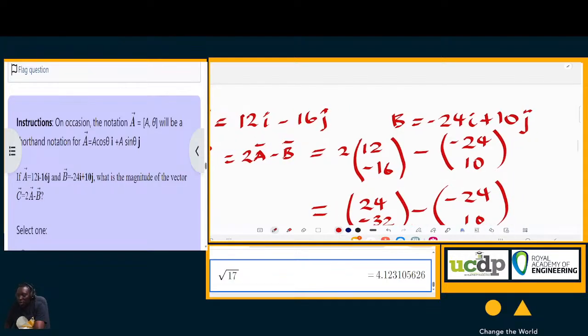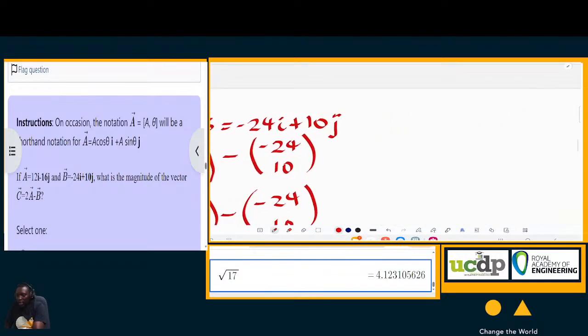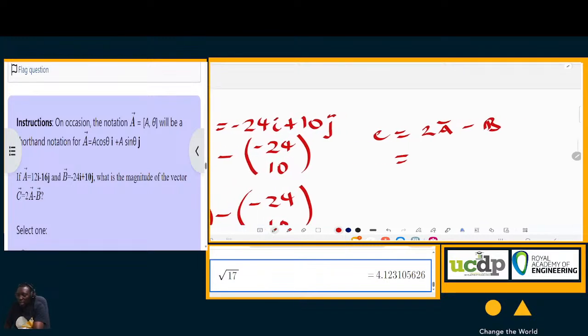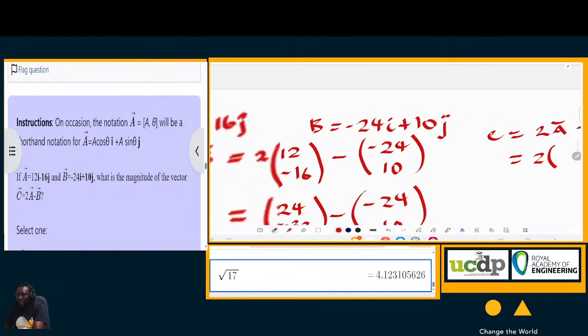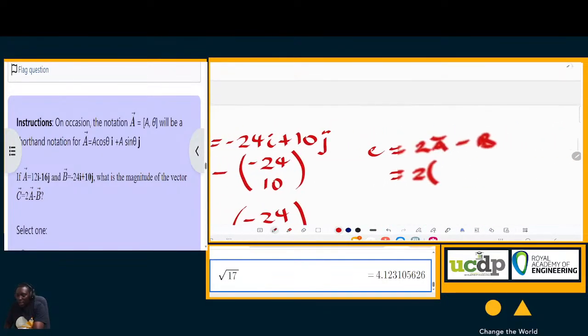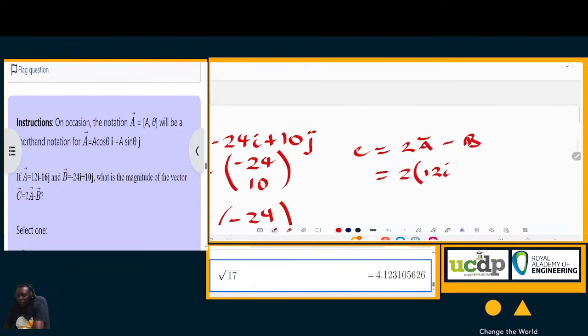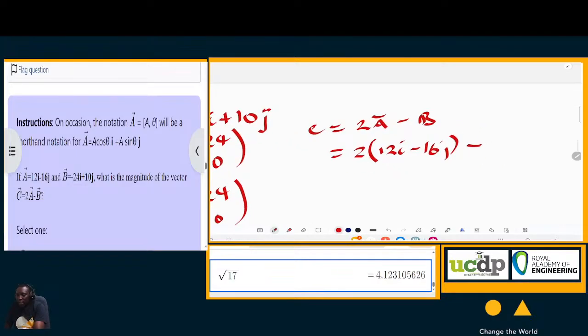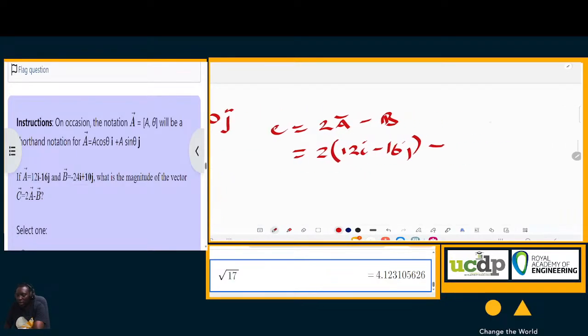Let's see. So we've got 2A, right? So vector C is equal to 2A minus B, which is 2 times vector A, actually 12I minus 16J. Then we subtract vector B, which is negative 24I plus 10J.